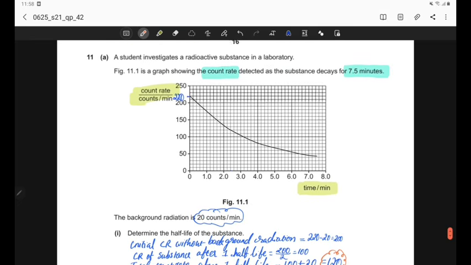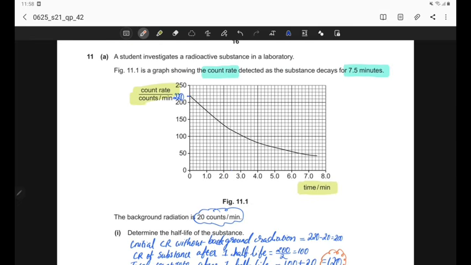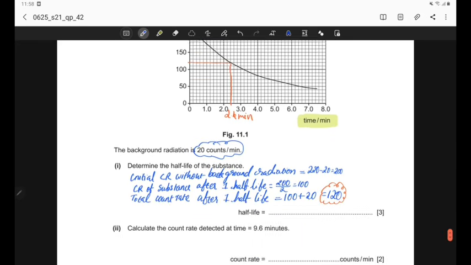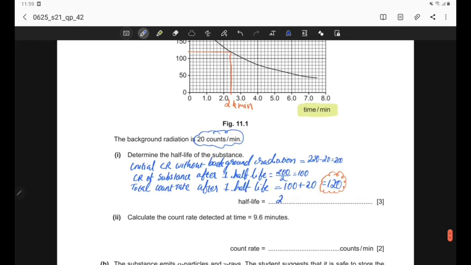So we go back to the graph, and 120 is this point, and the corresponding time is 2.4 minutes. Therefore, we can write half-life is 2.4 minutes.